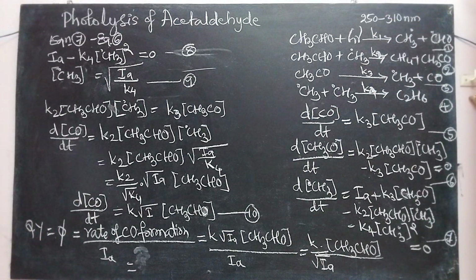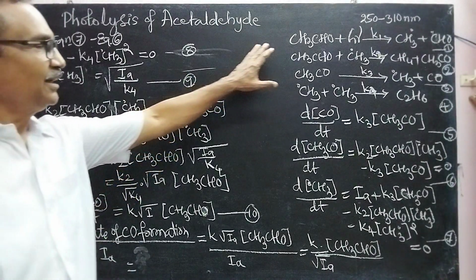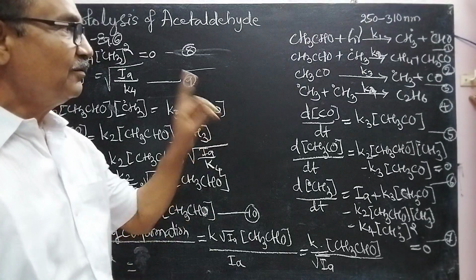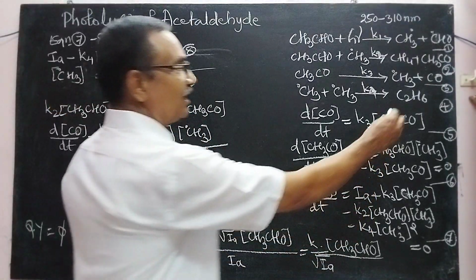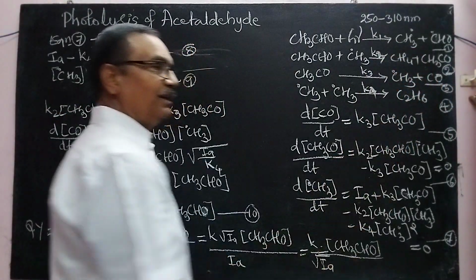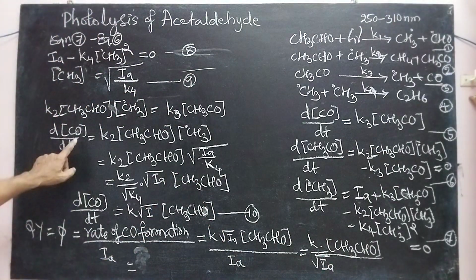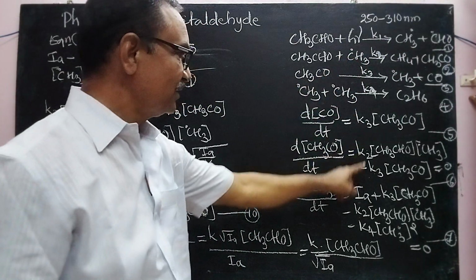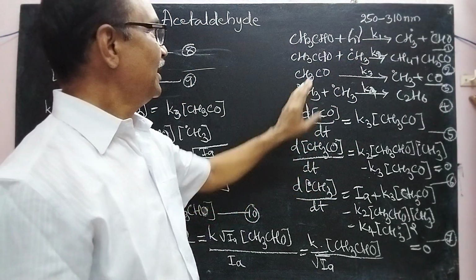Now about the importance of this. What we are considering here, there are a number of reactants and a number of products. But out of them, one important product, carbon monoxide, is used to calculate the rate of the reaction. Here the methyl radical is formed, and in some other reaction it is a conjugate.